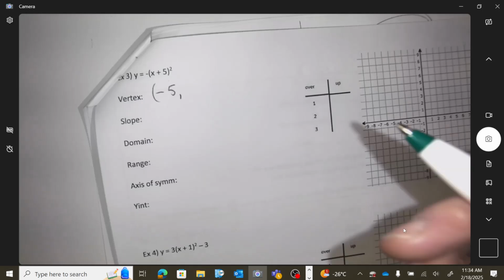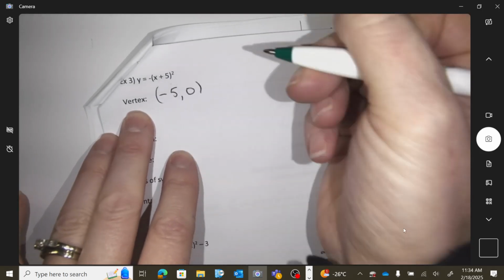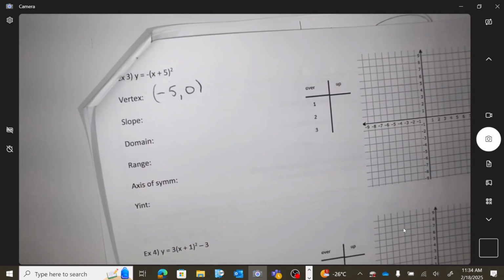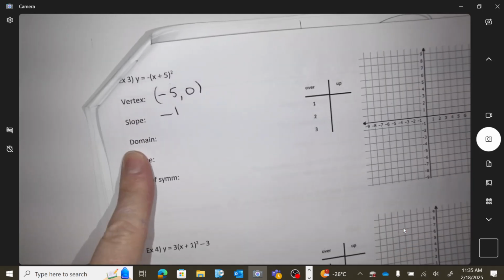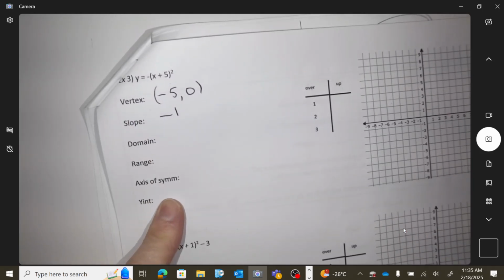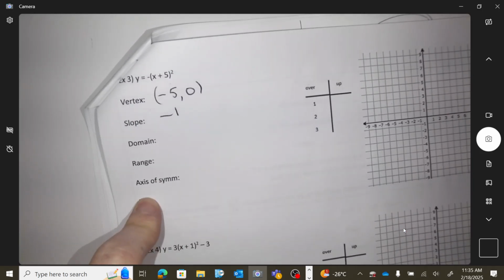No. So then it is 0. What's the slope? So what's in front of the x squared part? What's multiplying? Right here, there's a little negative sign, so -1. We're going to answer these questions before we graph it.